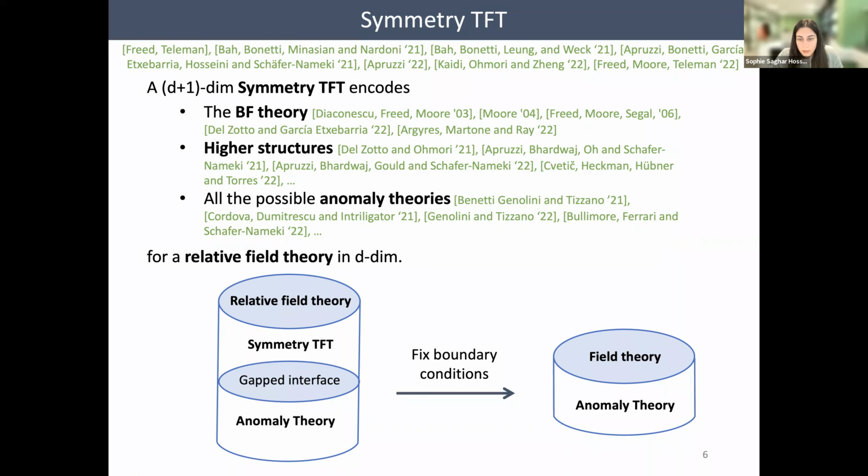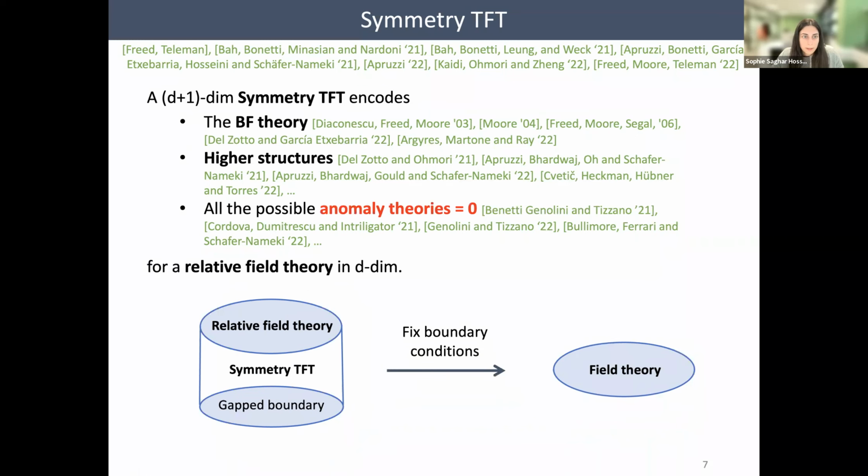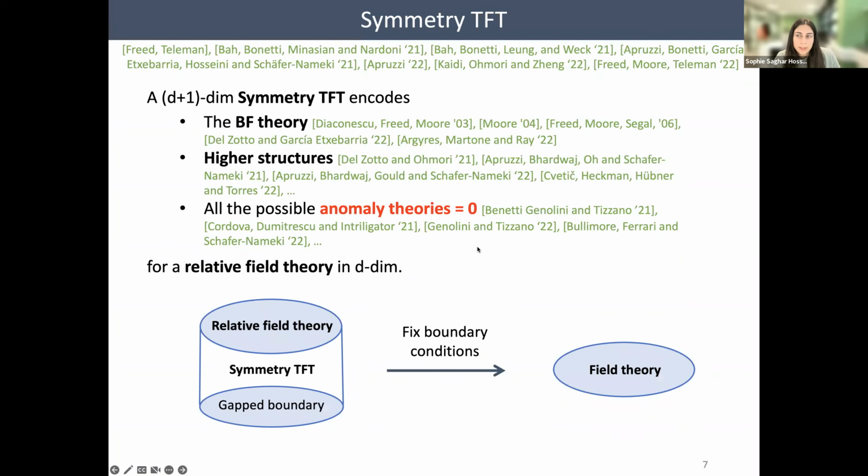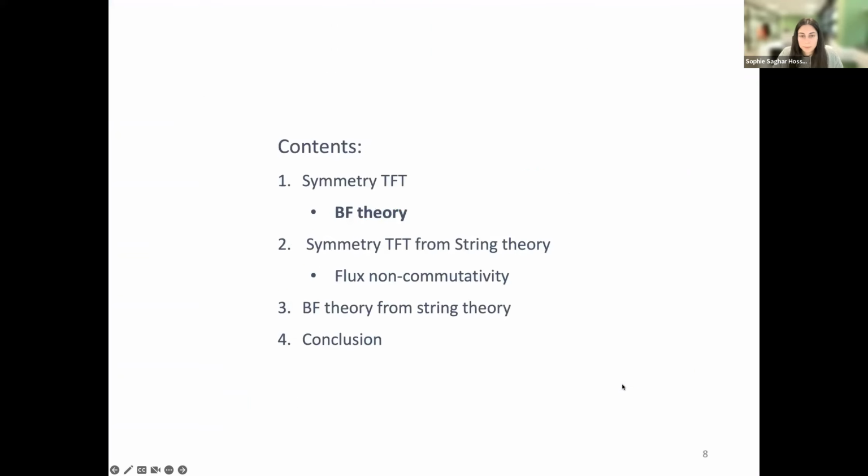Now, if we don't have any anomalies, then instead of a gapped interface which you had before, we have a gapped boundary, and fixing the boundary condition just gives us the field theory with the symmetries.